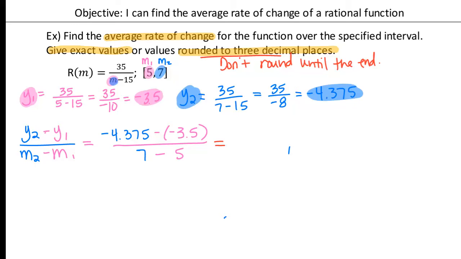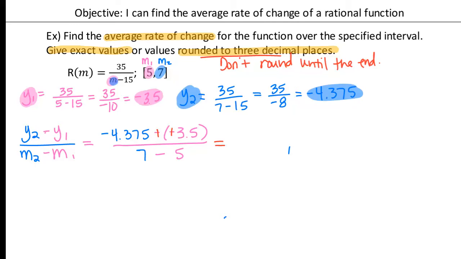Okay? All right, so then you can plug that into the calculator, but when you do this, put minus parenthesis negative 3.5 close parenthesis, or you can do keep change change. So keep the first one a negative, change this positive, change this positive.